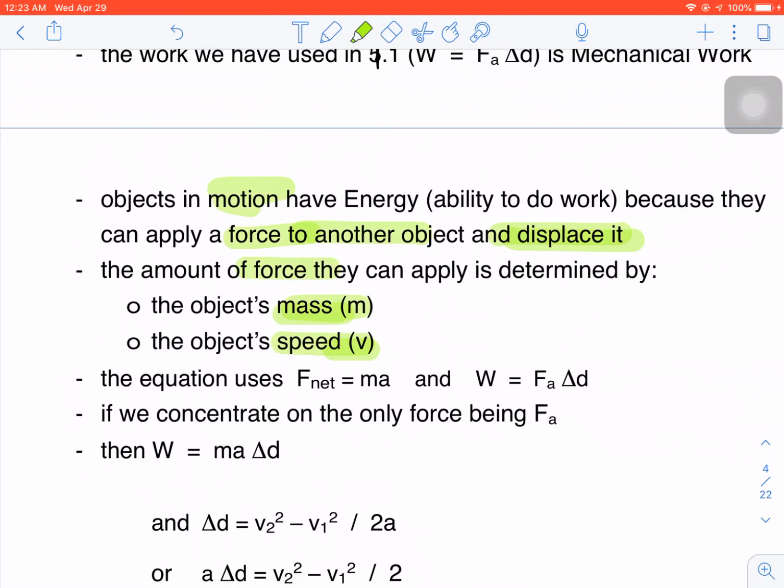Now, what I know is two things. Work is being done because a force is being applied to the object to move it delta D, and I know that the force here is going to be mass times acceleration. Now, I'm going to basically ignore friction and ignore other forces, and let's just look at one cart running into another cart.